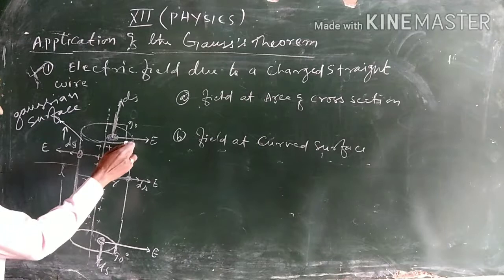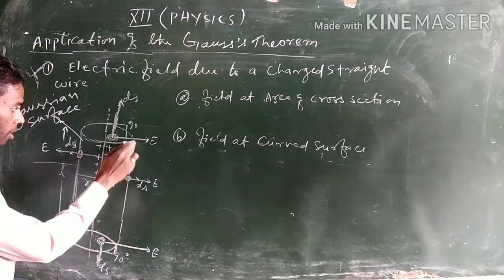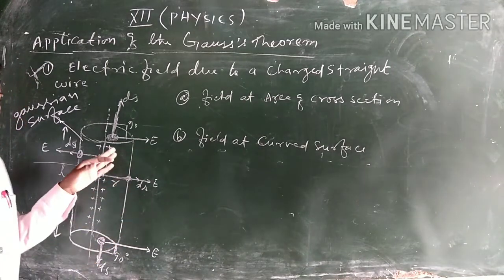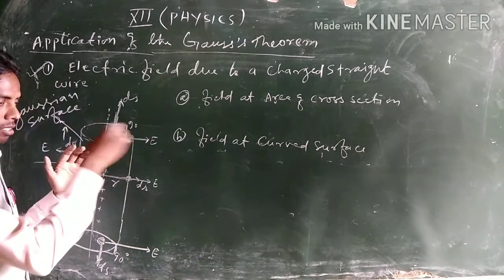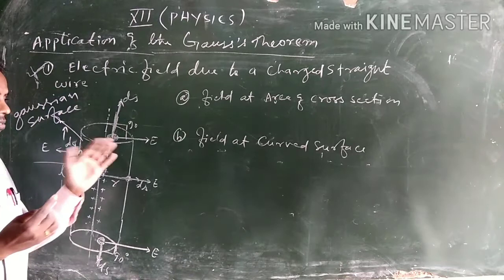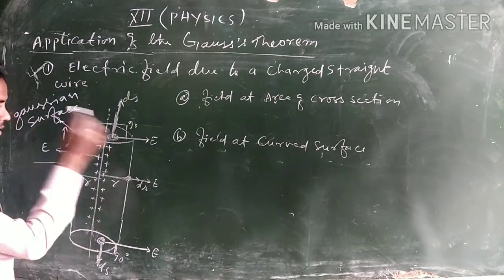That means all the points of this surface make the electric field. That means our cylindrical shape is like this, with a curved surface, cylindrical shape like this.